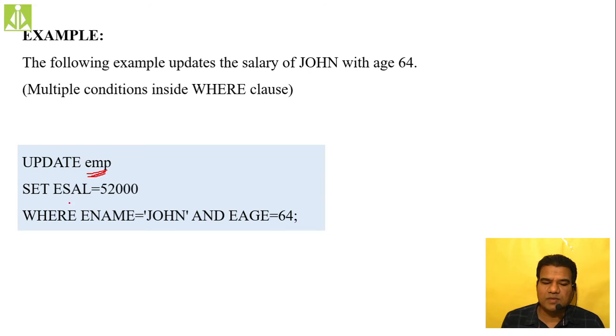Then we are specifying the fields to be updated, using set, then the record. So this is the table. Here fields are nothing but the columns, and here we specify the rows. On what rows you want this updation to be done. So we specify the rows.